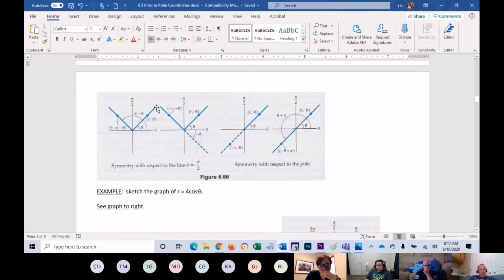These two lines would be symmetric about your pi halves line. And for symmetry with respect to the pole, if I have (r, theta) and (r, theta plus pi), this line here would be symmetric to this line here. And so that would be an example of symmetry with respect to the pole.